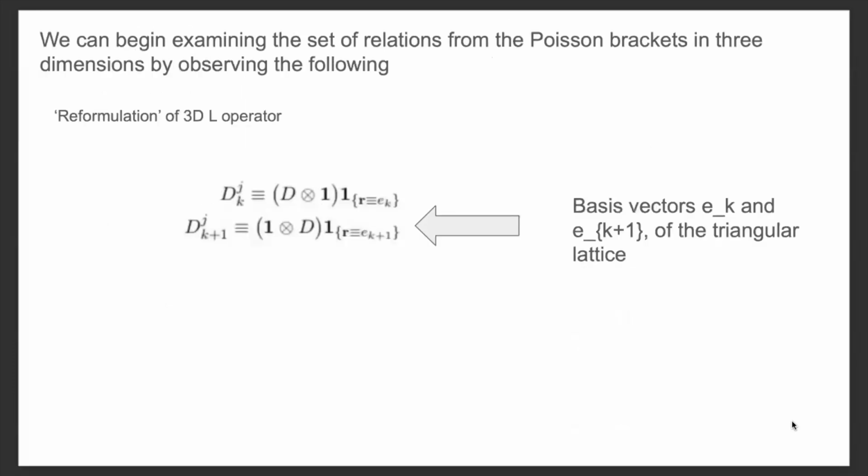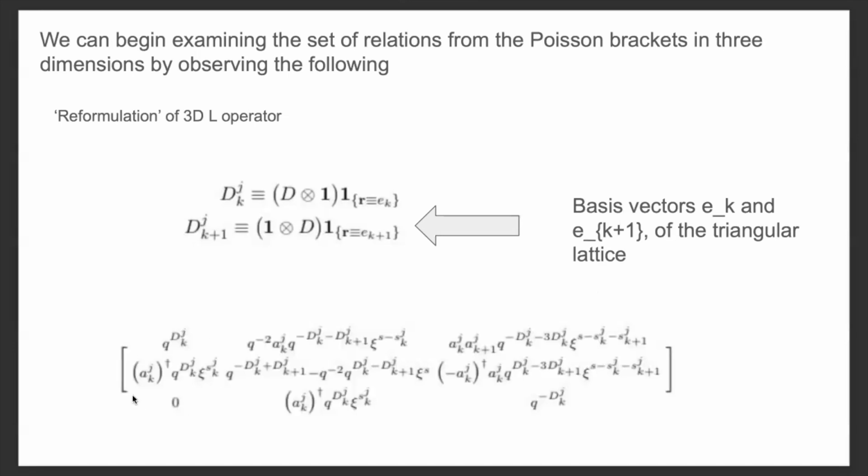And like we had mentioned, the reformulation of the three-dimensional L operator is given by the fact that we're looking to enforce a differential operator at each side of the triangular lattice that we're measuring the three-dimensional interactions of with triangular ice. And we can fix the basis of the triangular lattice of E sub k minus 1, E sub k, and E sub k plus 1.